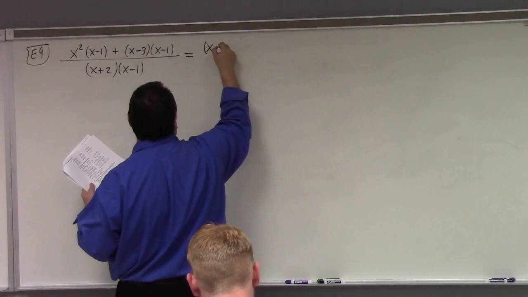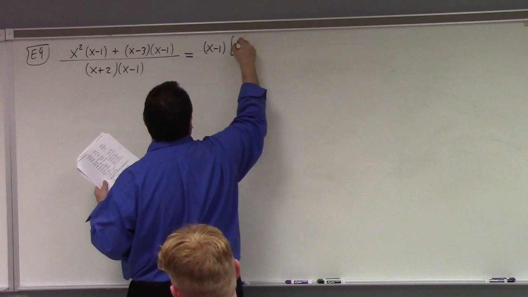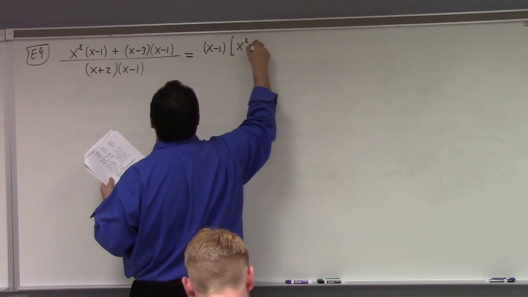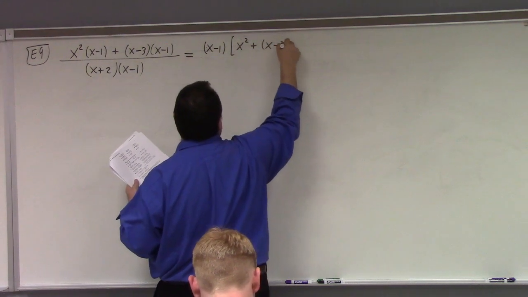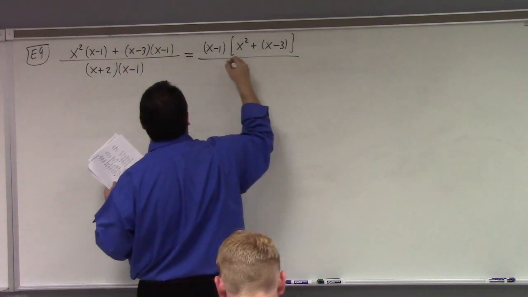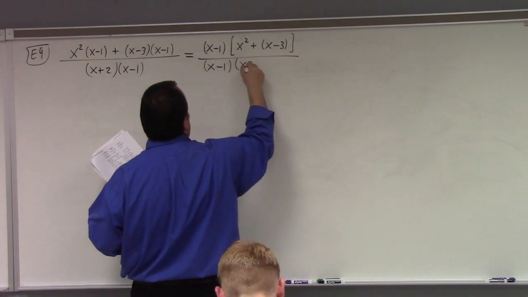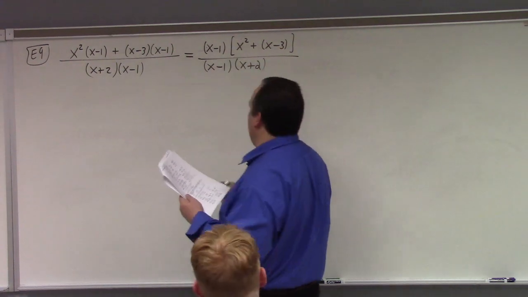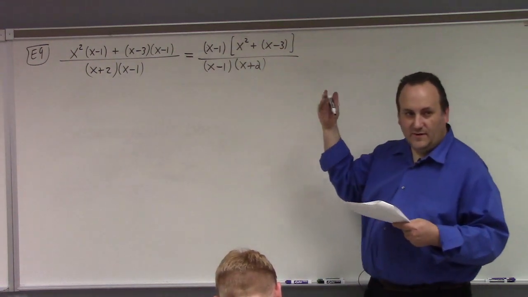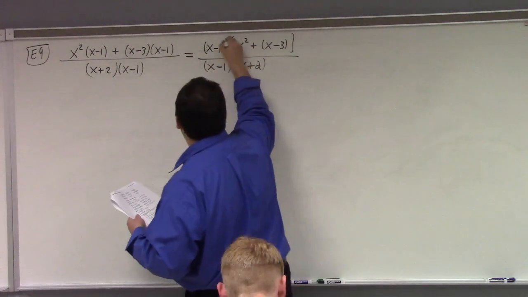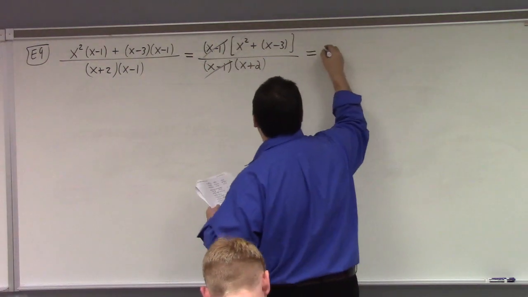I could factor x minus 1 out, and that would leave me with x squared plus x minus 3 divided by x plus 2. I'll write the x minus 1 first for my purposes. They commute, right? And then, because it's on both and I can factor it out, I could reduce it. Then I could cancel these, and I have this.